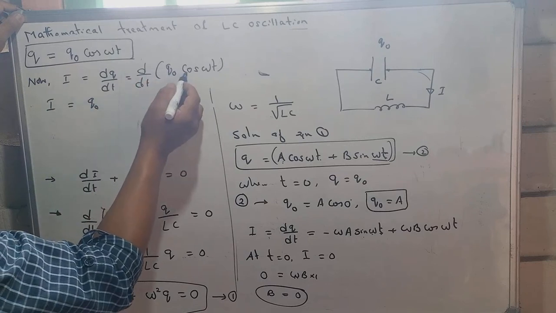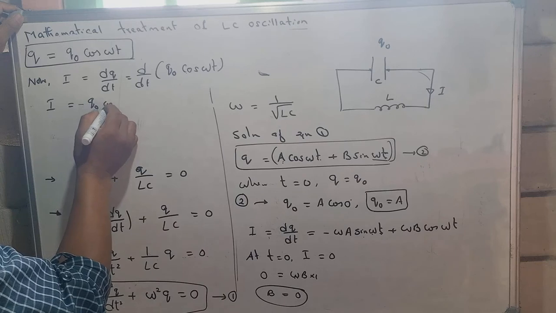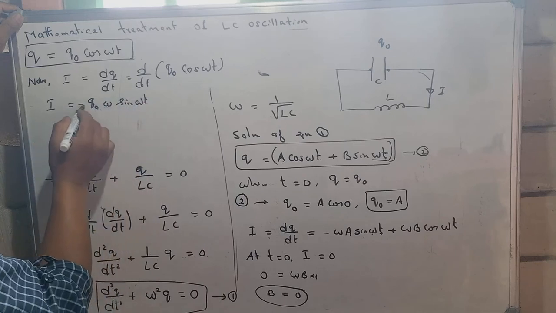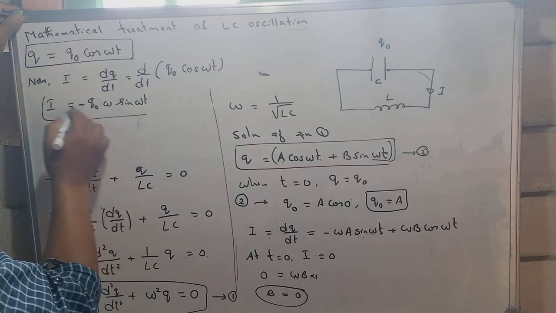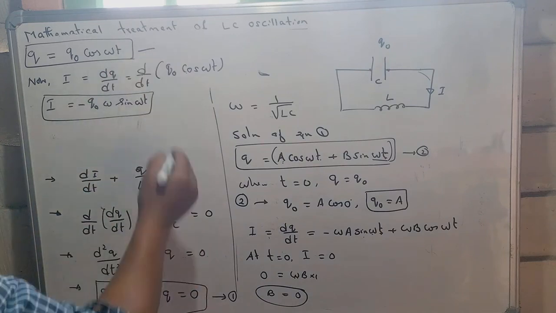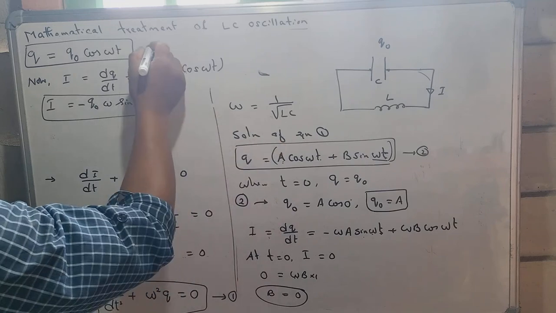When you differentiate cos omega t, you'll get minus omega sine omega t. So this is the equation of current. I'll name the last equation as equation 3, and this one as equation 4.